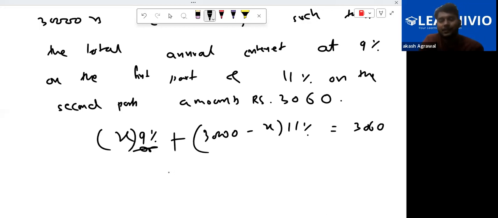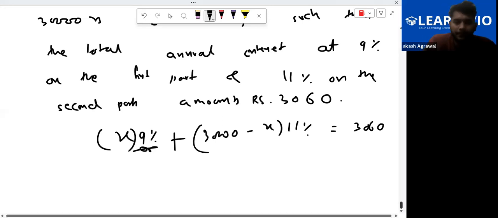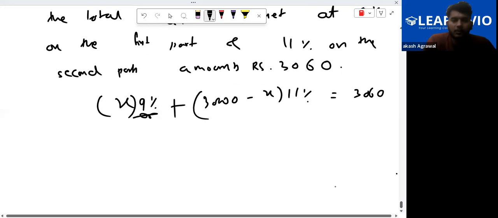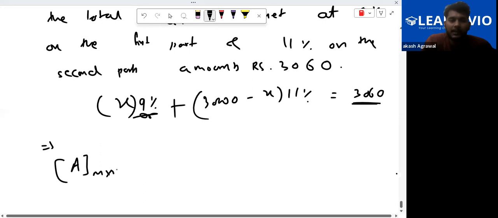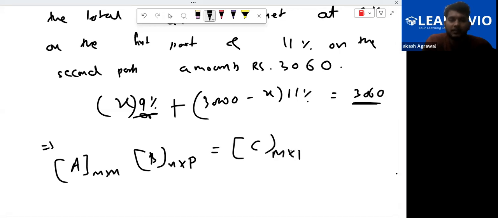So now we have to create this equation using matrices. We can write the matrix in two formats. Remember, on the right hand side we only want one element. After multiplication we should get only one element, and we know that if we multiply A, which is m cross n, and B, which is n cross p, then the resultant matrix C will have m cross p elements.